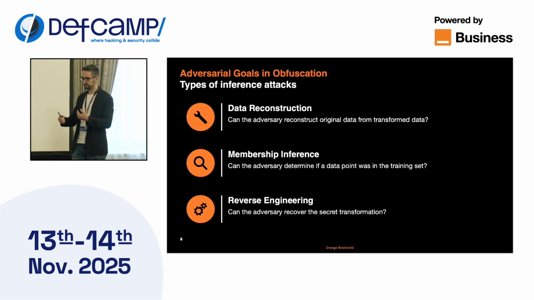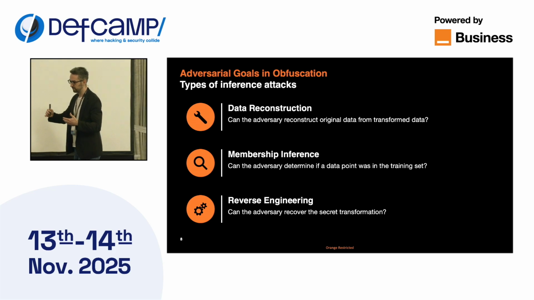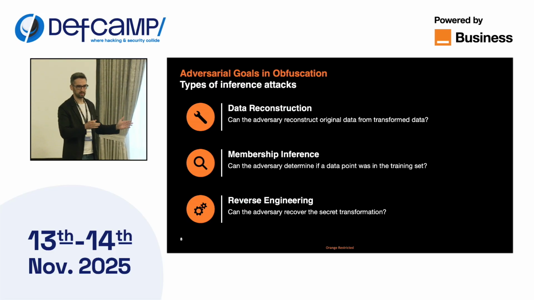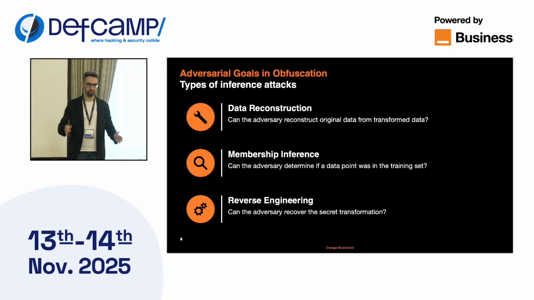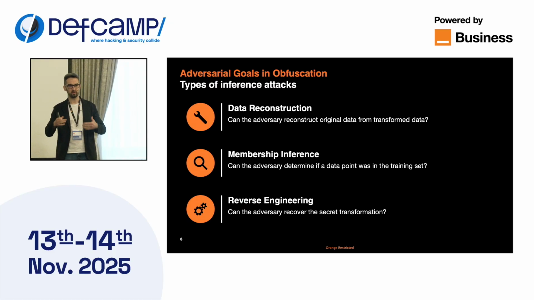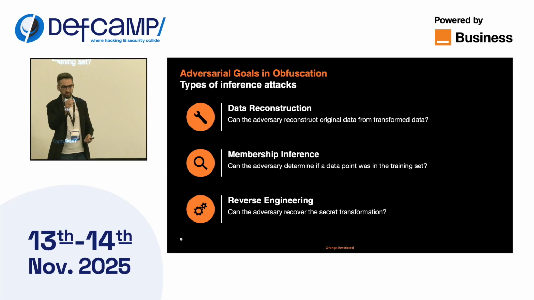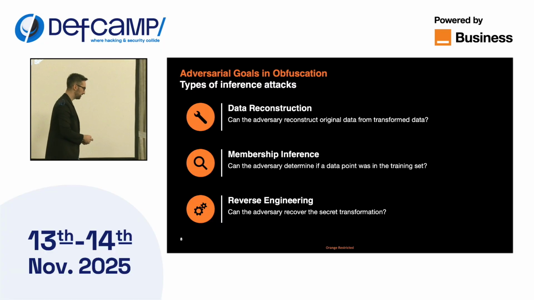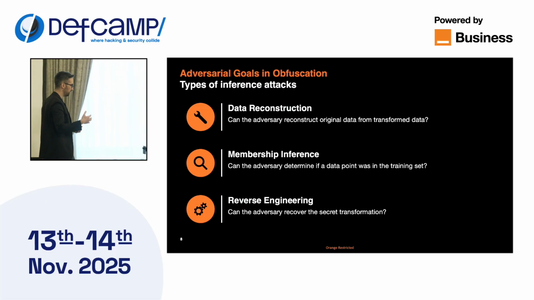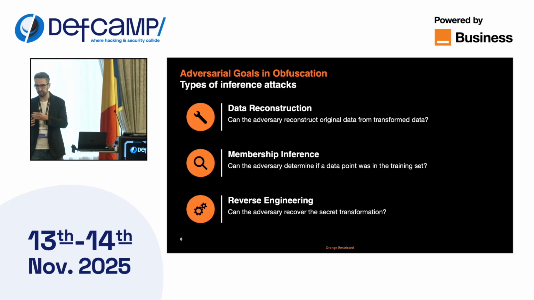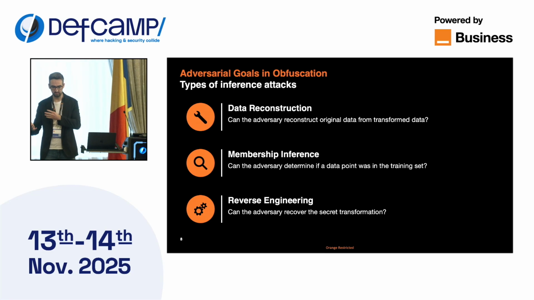So if we have multiple patients who take an X-ray scan, for example, and we transform the data and put that data on the cloud for an algorithm to learn, I don't want an attacker to be able to say that the X-ray of a particular patient is in that dataset. And of course, we have reverse engineering here. I don't want the attacker to be able to design a method to reverse my transformation.